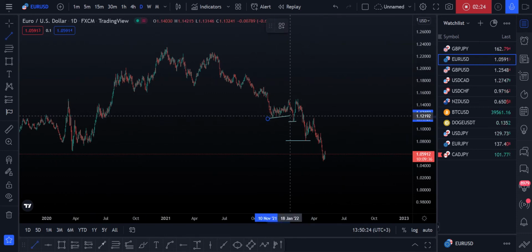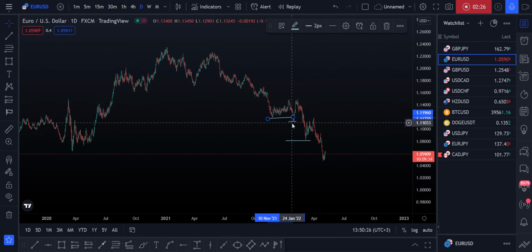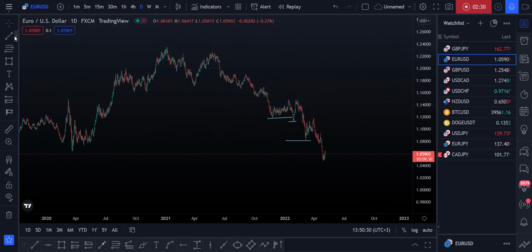We have this low. Price violates it, continues lower, and equally we have all of these lows. Each low that you see gives a clue of where the trend is going. When we create a low and break it, price is continuing to the other side. Now, all of these lows are in sequences.